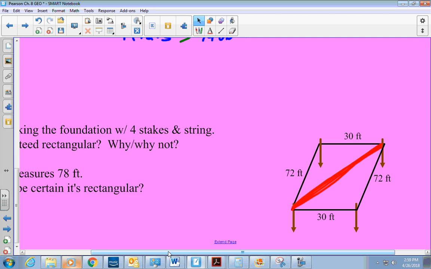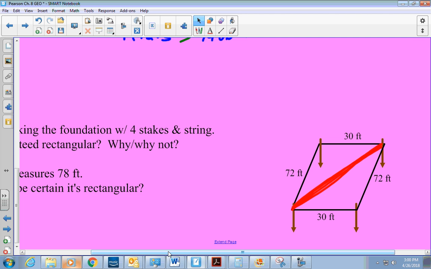Julian and I are making a rectangle. If I get my measurements wrong, say I go to the side a little bit, is this a rectangle? No. It's a parallelogram. If they're all the same side, it would be a rhombus.